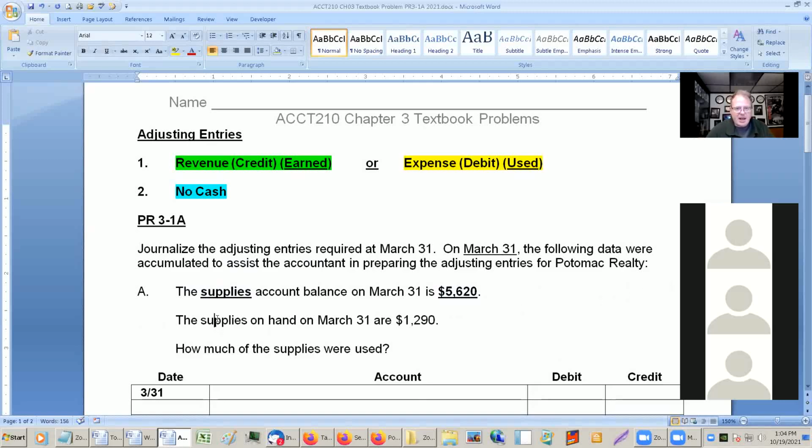Now the supplies on hand, so those are the ending supplies, was this.